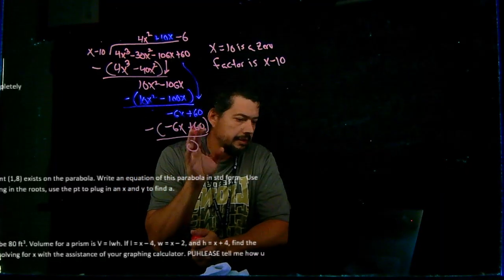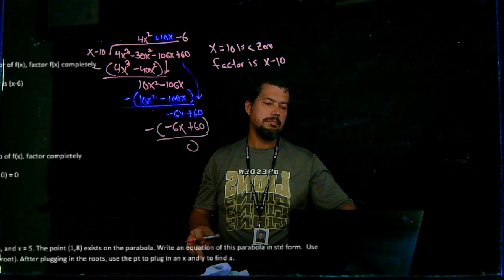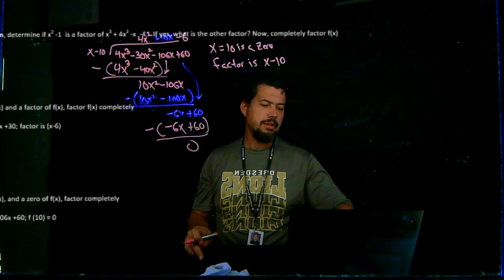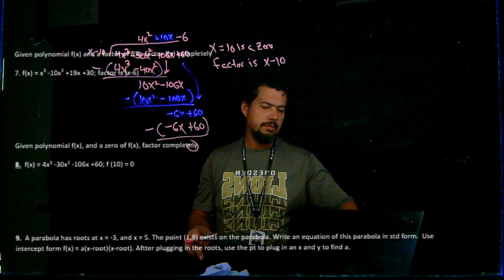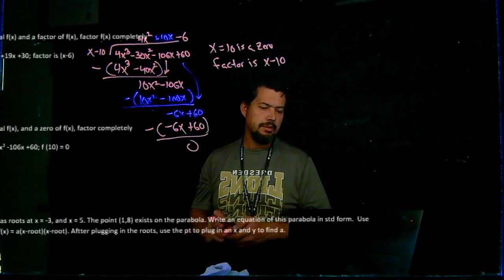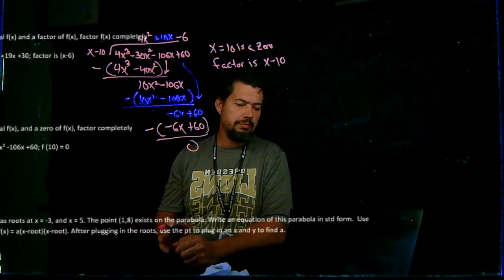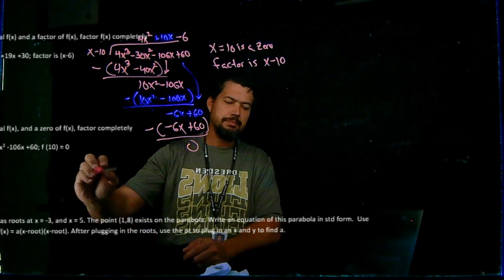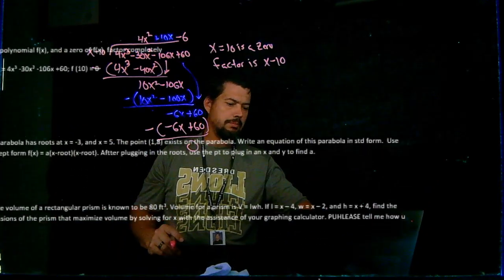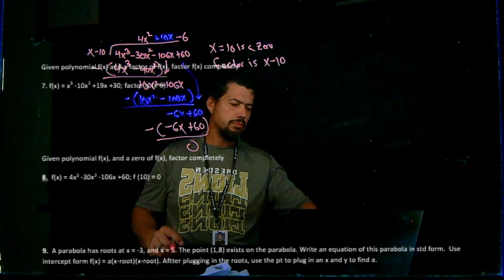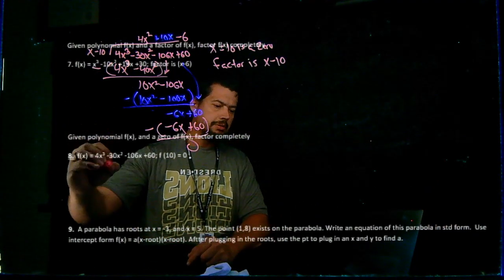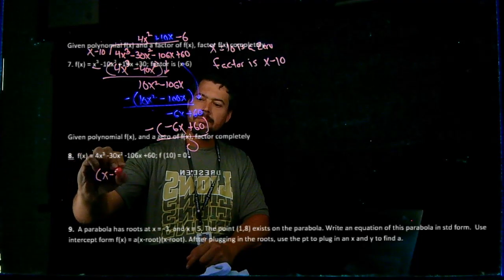So this is known, all right? I'm supposed to use that to factor it completely. So I have the original factor, which was x minus 10. The original factor was x minus 10.